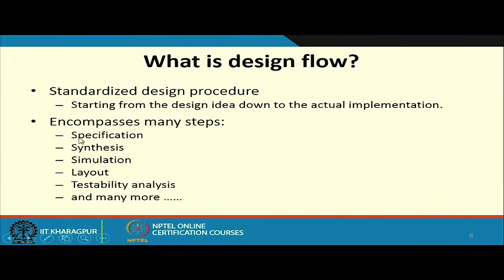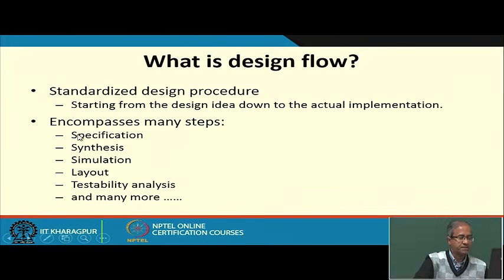You typically start with the specification of a system, what your system is supposed to do. In the next step, you go for synthesis. Synthesis means you are trying to translate your specification into some kind of circuit netlist.